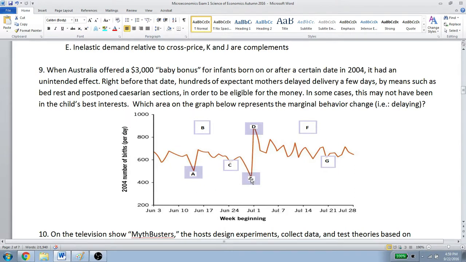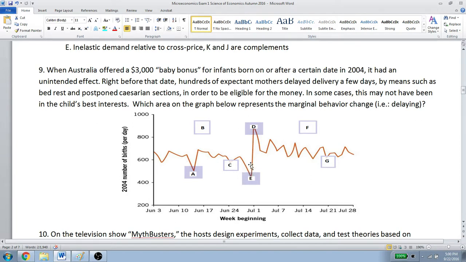So that meant, in those last couple of days, about 1 out of every 3 moms, or 200 of the 600 women that were going to give birth each day, seemed to have tried to put off their natural birth or their cesarean by just resting and waiting a couple of days so that they might be able to get the $3,000.